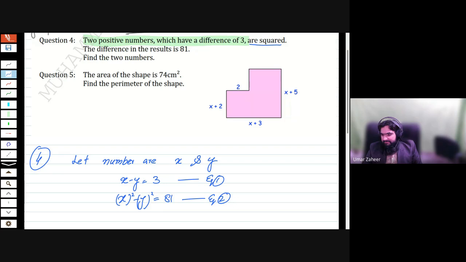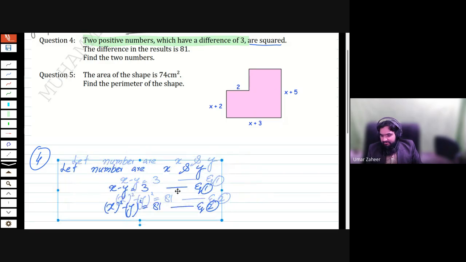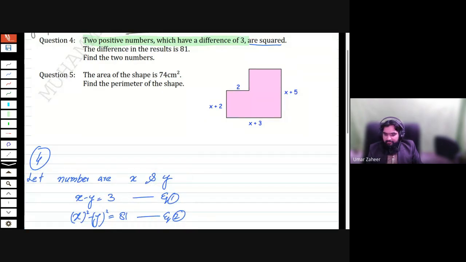We have another way to do this one. That is one way you can solve it. The second way: he says the two positive numbers which have a difference of 3. For example, let one number be x.